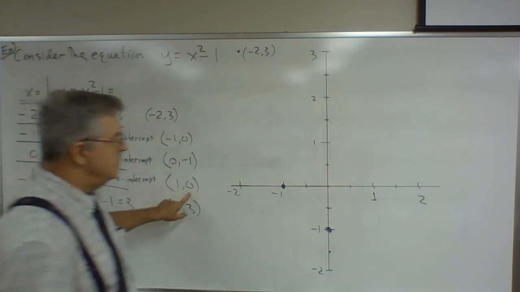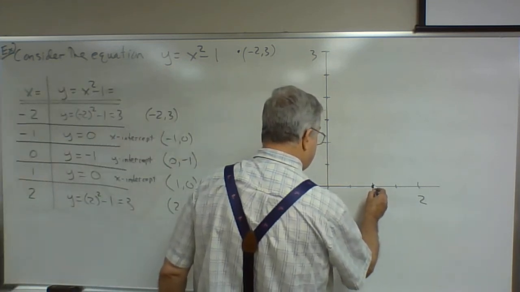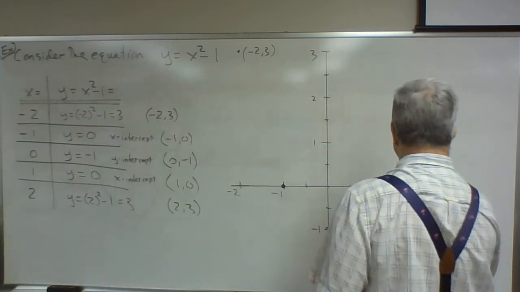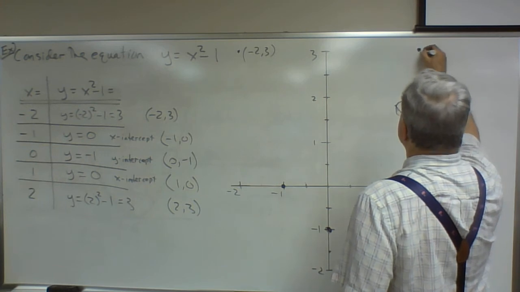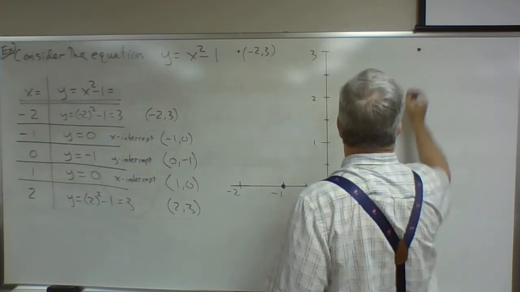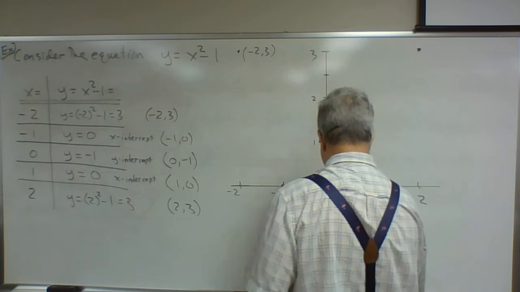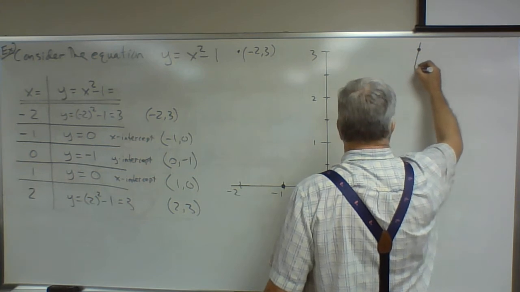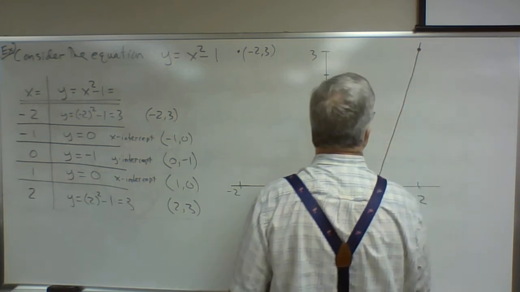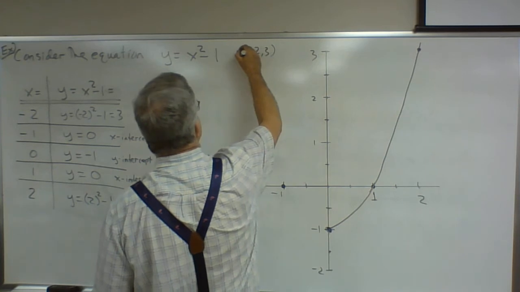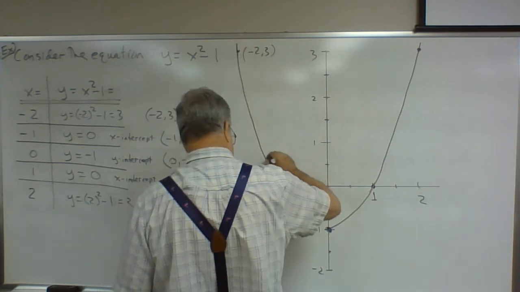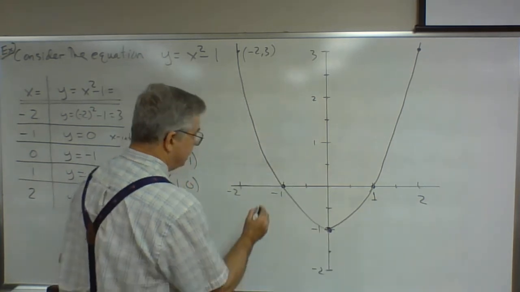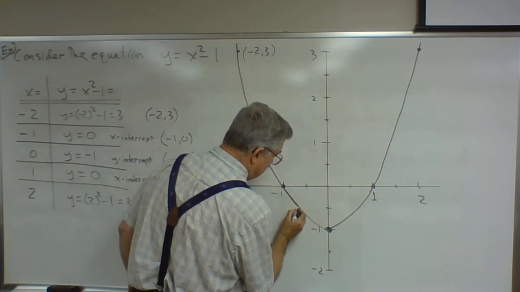X equal 1, y equals 0. X equal 2, y equals 3. Holy moly. I guess that doesn't look too bad. Not bad.